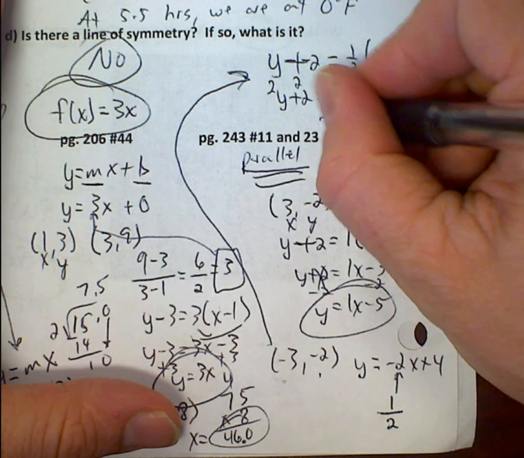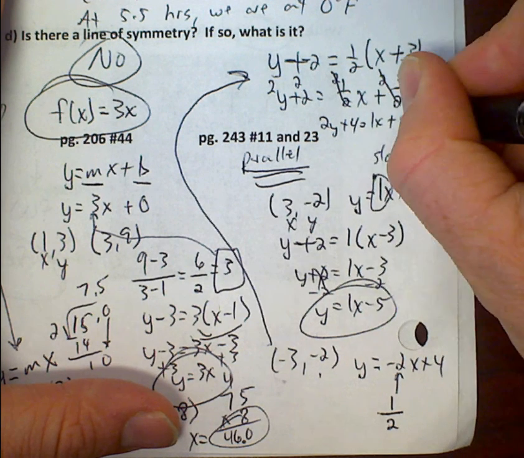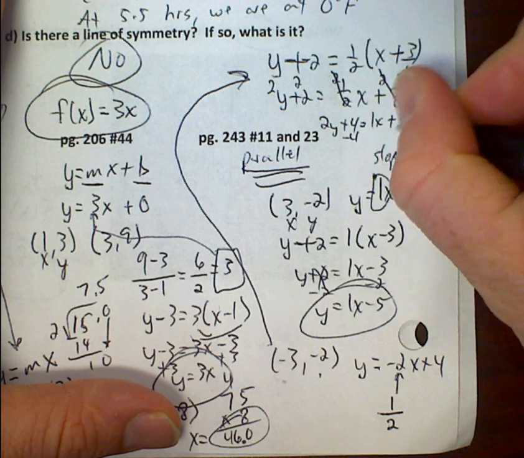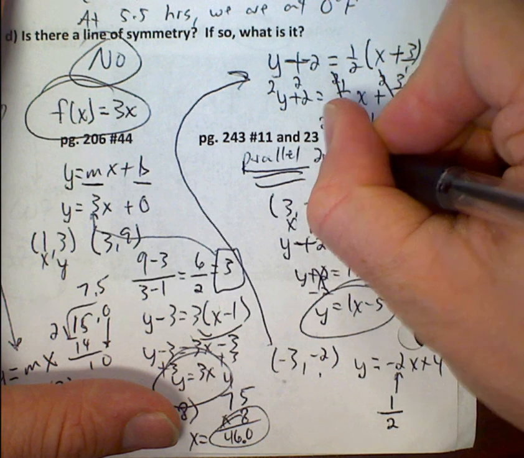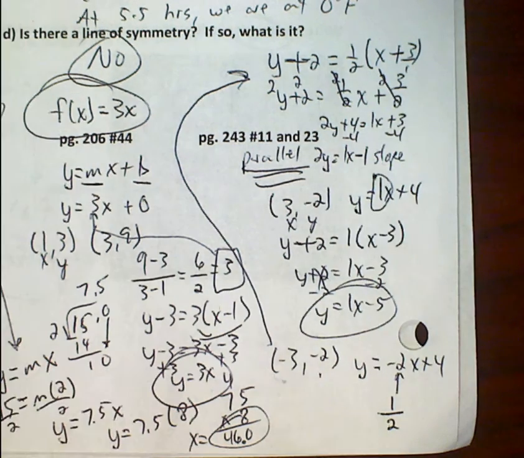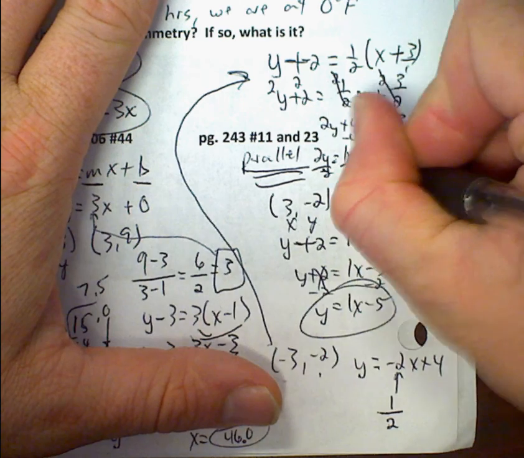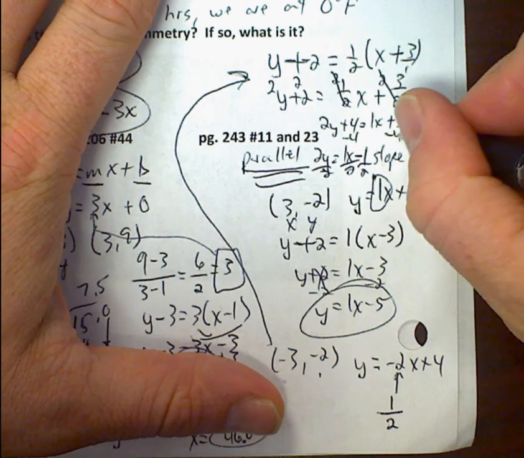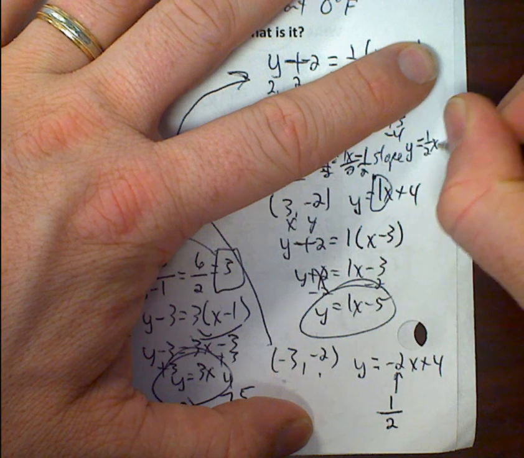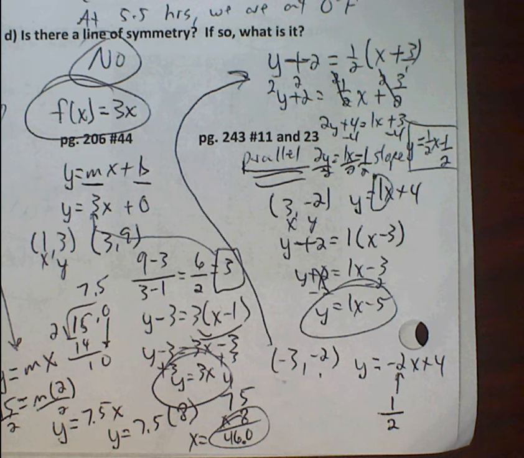So that gives me 2y plus 4 equals 1x plus 3. Subtract 4. 2y equals 1x minus 1. 3 minus 4 is negative 1. Divide by 2, and I would get y equals 1/2 x minus 1/2. There's my equation, and we are done.